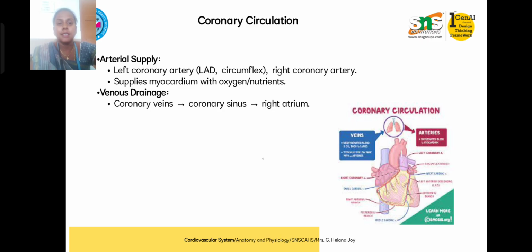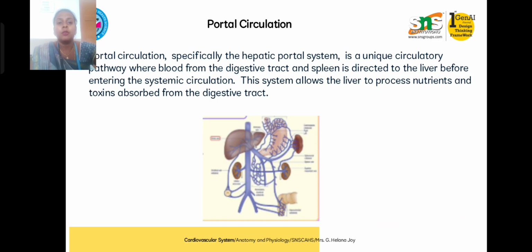Coronary circulation is differentiated into two supplies: arterial supply and venous supply. Arterial supply takes place through the left coronary artery, circumflex artery, and right coronary artery, and it supplies oxygen to the myocardium. Venous drainage starts with the coronary veins and passes to the coronary sinus and to the right atrium. Portal circulation specifies the hepatic portal system.